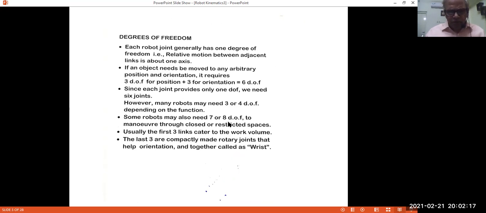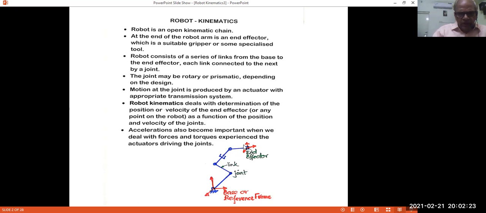Concerning the degrees of freedom, for a robot to be able to position an object held by the end gripper at any point within the workspace, the extent of space volume that the end effector can go to, that's called the workspace. Within that, it must also be able to orient the object.